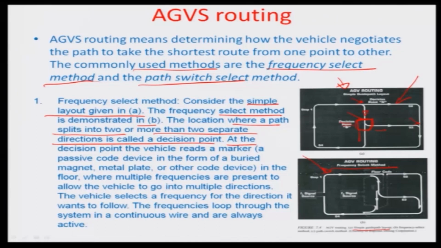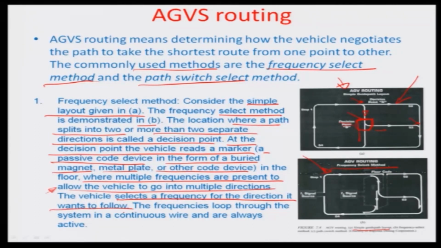At the decision point the vehicle reads a marker, which is a passive code device in the form of a buried magnet, metal plate or other code devices in the floor, where multiple frequencies are present to allow the vehicle to go in multiple directions. So the vehicle selects a frequency for the direction it wants to follow. Suppose I had a different frequency on this end and a different frequency here, let us say F1 and F2, stored on the floor through some kind of metal plate or barcode.